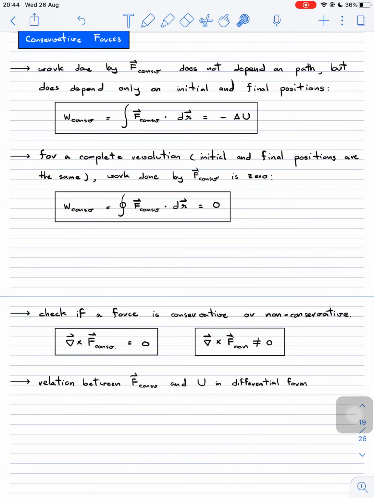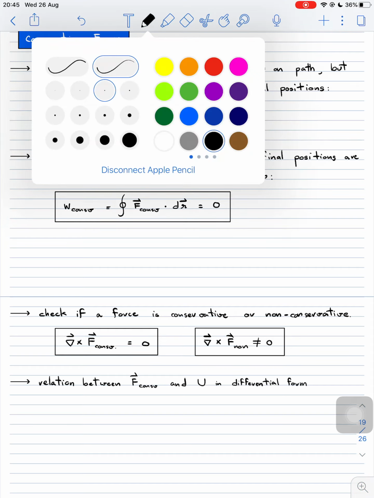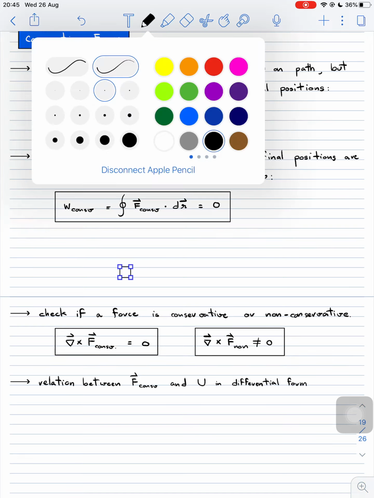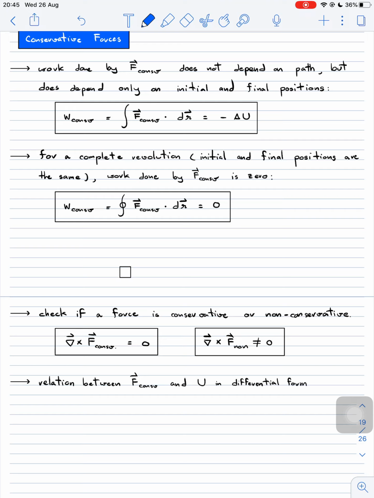Now, for a complete revolution, the initial and the final positions are the same. For example, if we have an object here, and the object moves along this path and finally goes back to its original position, the initial and final positions are the same.